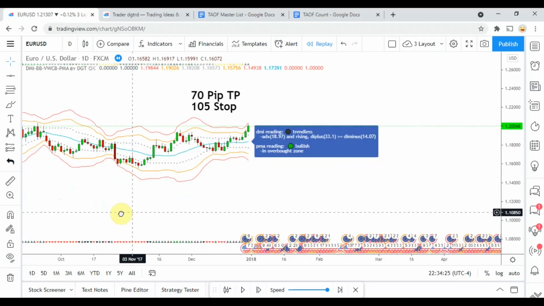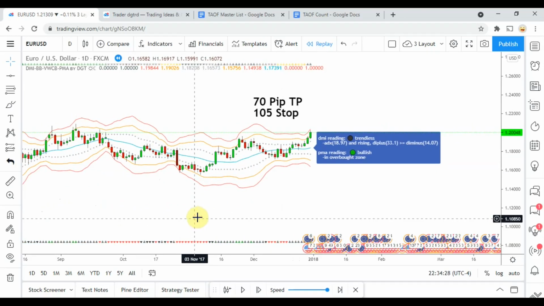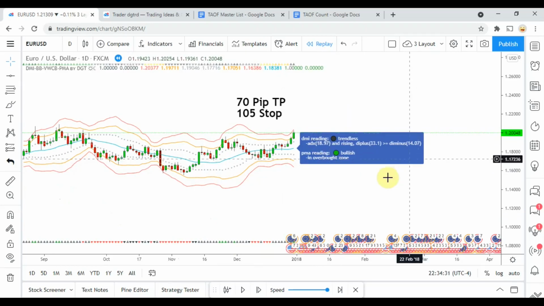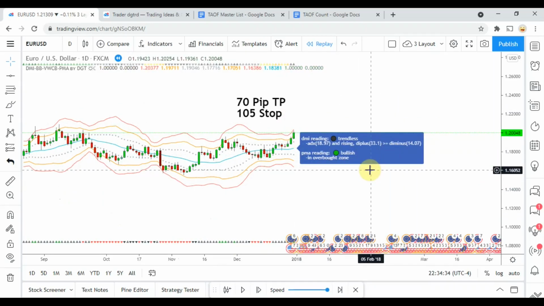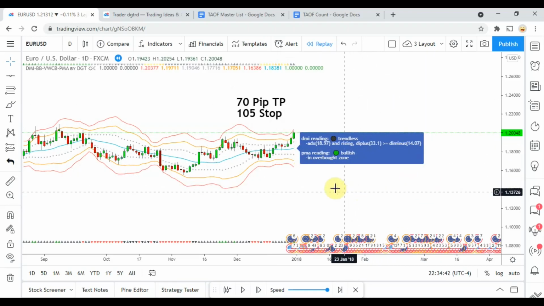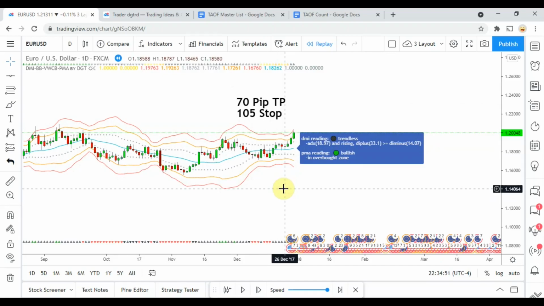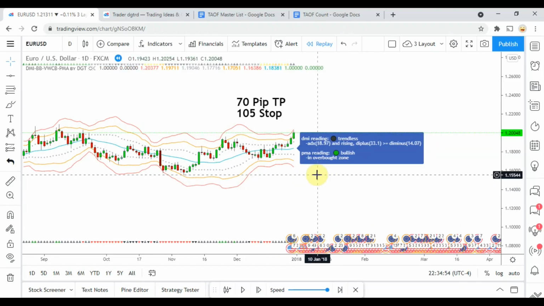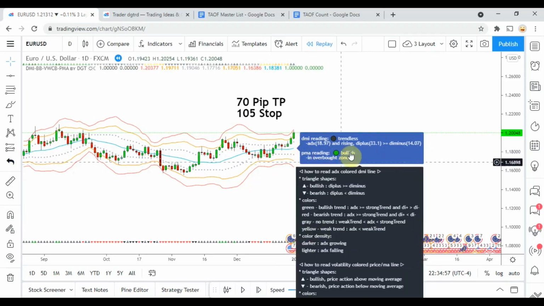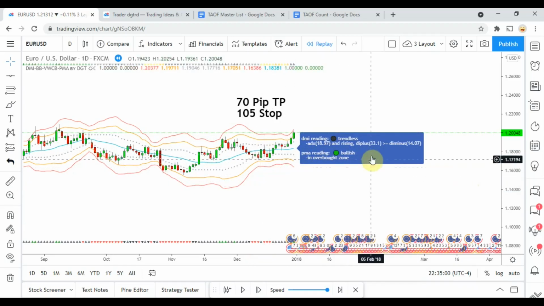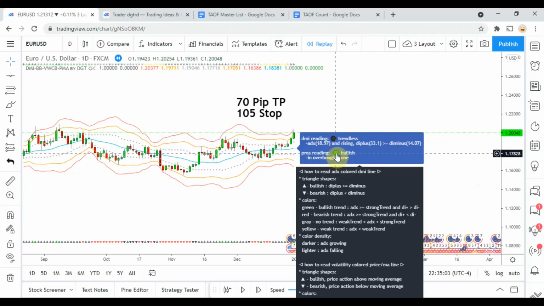So really what we are paying attention to is this little box right here, this blue box. Some indicators will have this, but not many have a little blue box like this. It's a little information box, and what we are looking at specifically are these dots here. As price action is moving along and this informational box is trailing the price action, it will change these little dots from green to black to red.